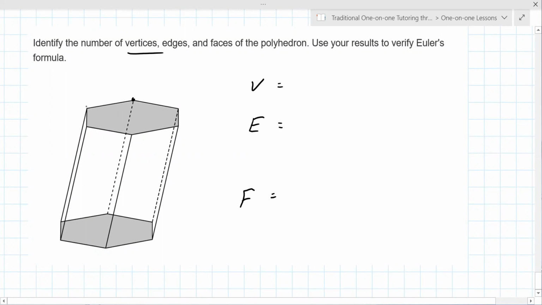The pointy parts. Okay, edges. So there's 12 vertices. Agreed. Faces is probably next easiest. You got the top and the bottom, and you got the windows all the way around. That's 8 faces, and edges.